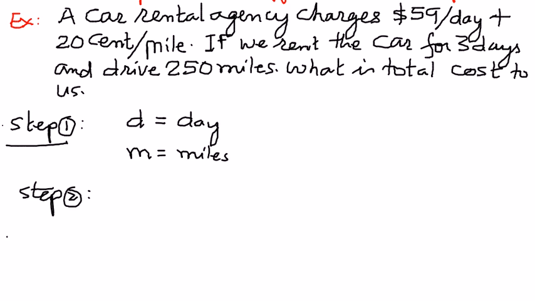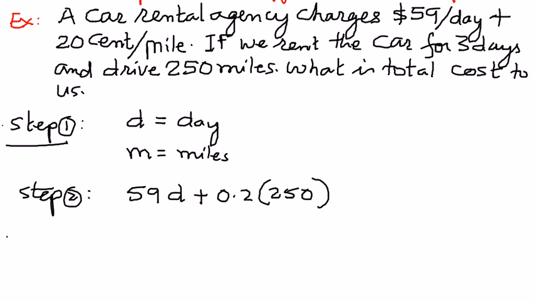The cost is going to be $59 per day, so 59D plus the miles, which is going to be 0.2 times M. 0.2 because 20 cents, when we break it down into a dollar amount, is $0.2.